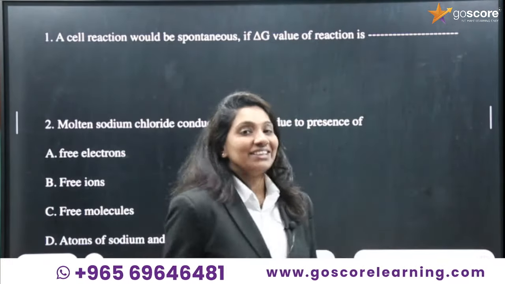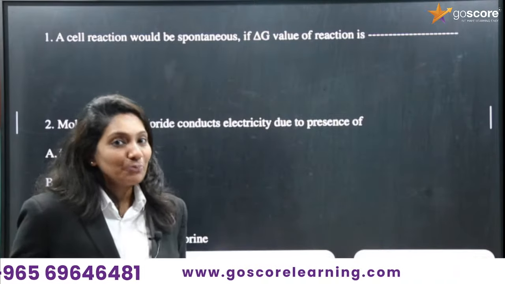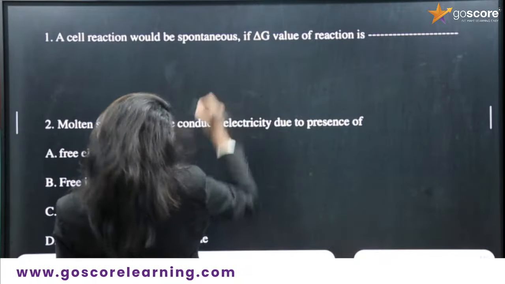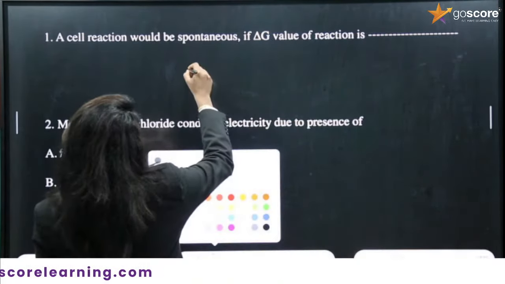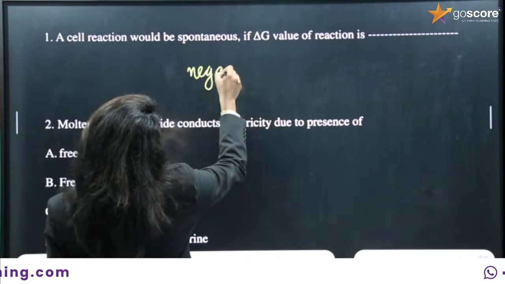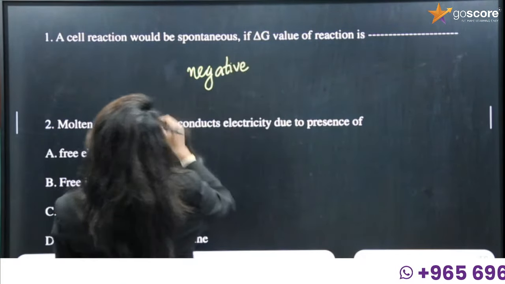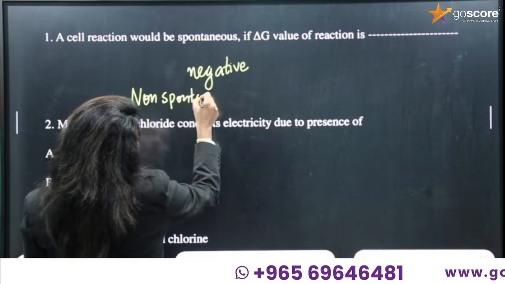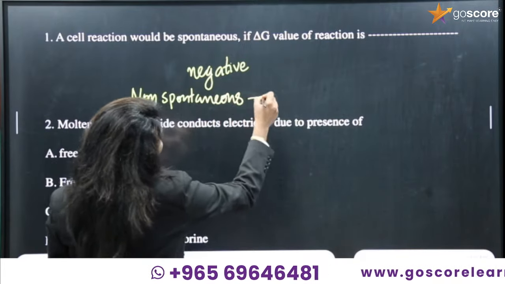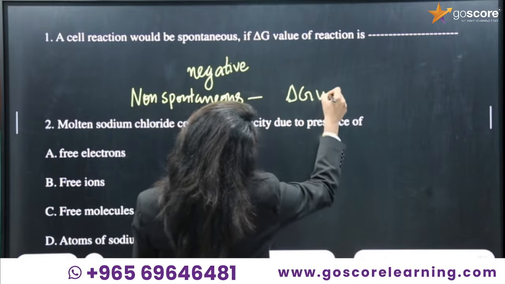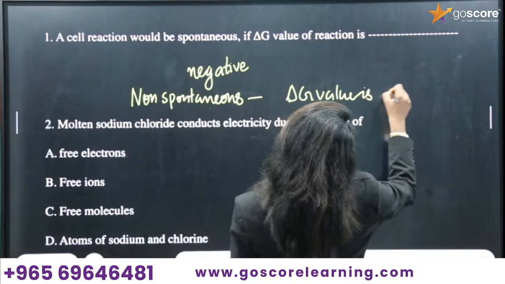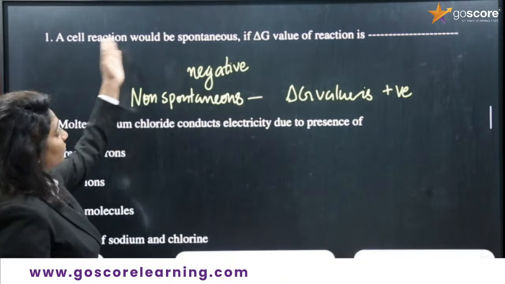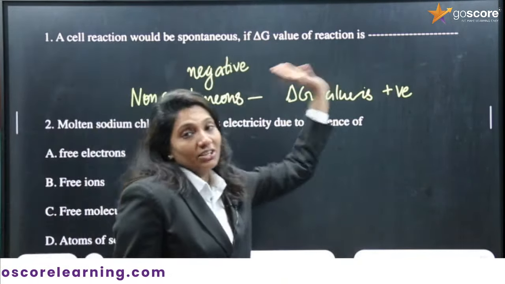I have told you many times in the session that for a spontaneous process, the delta G value is negative, and for a non-spontaneous process, the delta G value is positive. So the cell reaction would be spontaneous if the delta G value of the reaction is negative.